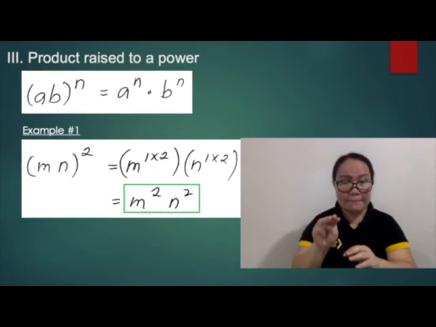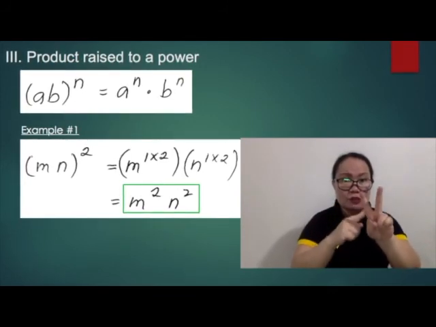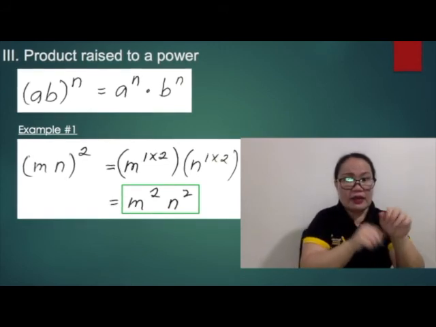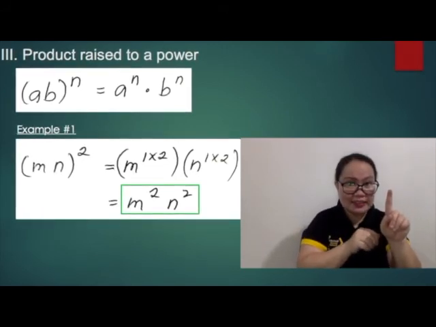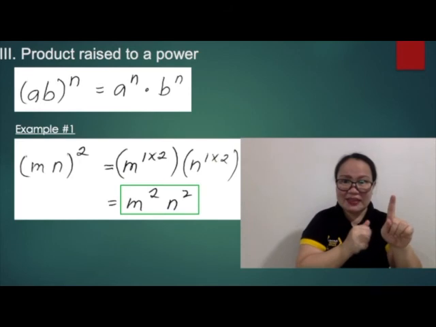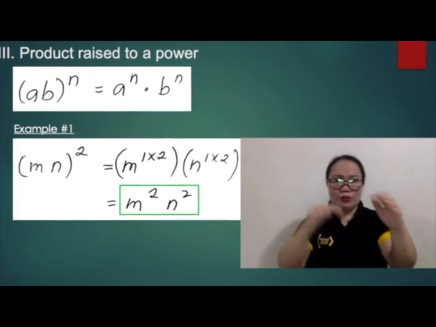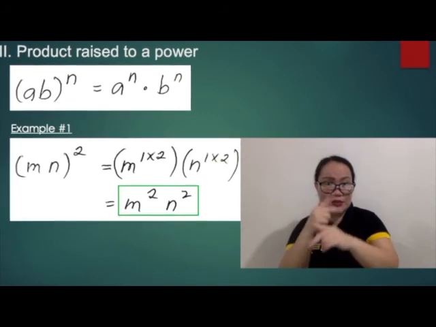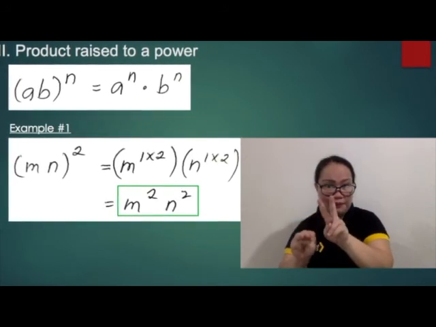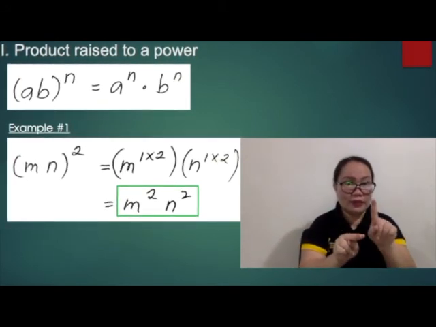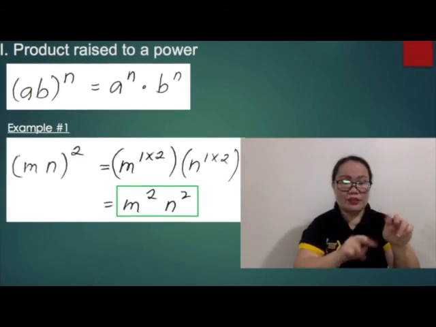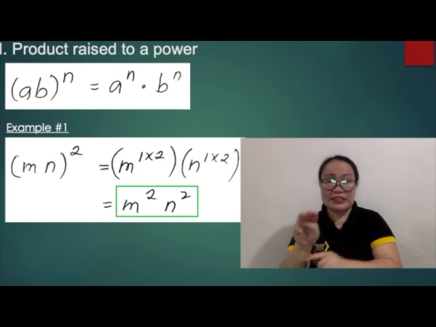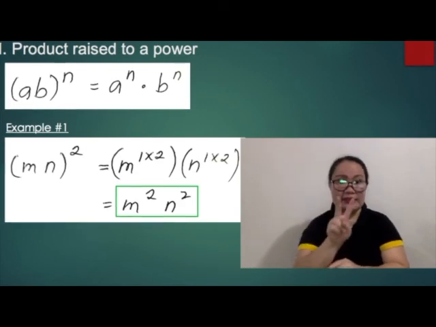And for n, the exponent is 1 again, multiplied by 2. So 1 times 2 is equal to 2 for m, and for n, 1 times 2 is 2. So the answer is m squared n squared.